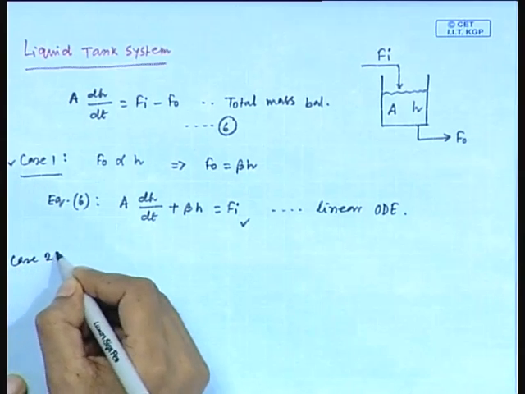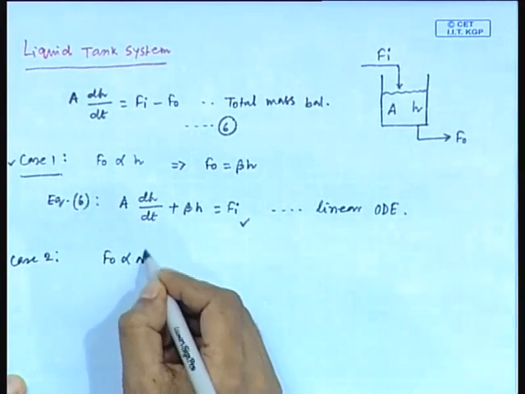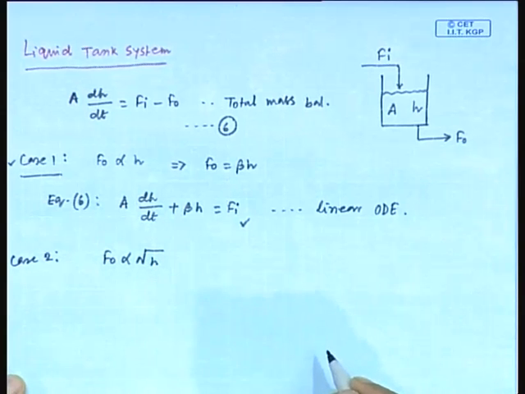In another case, we will consider this F0 is proportional to root H. F0 is the square root of liquid height in the tank.